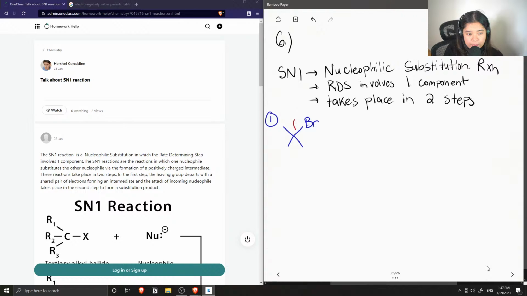The first step is the loss of our leaving group, which is bromine. After bromine leaves, we get this positively charged carbon group called a carbocation.